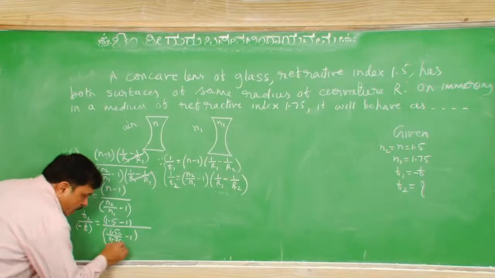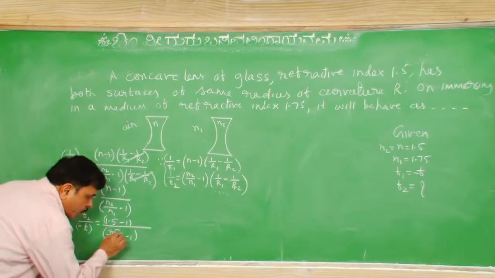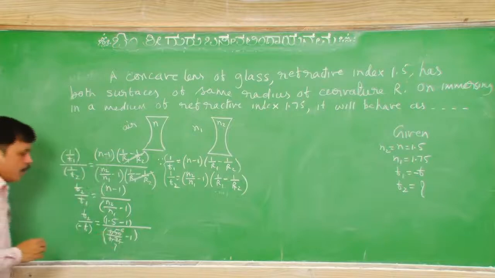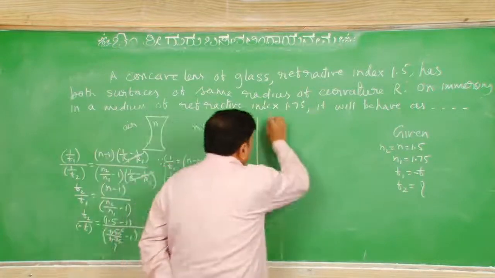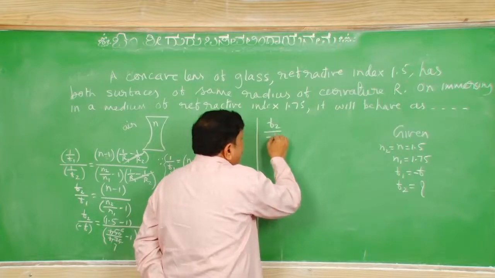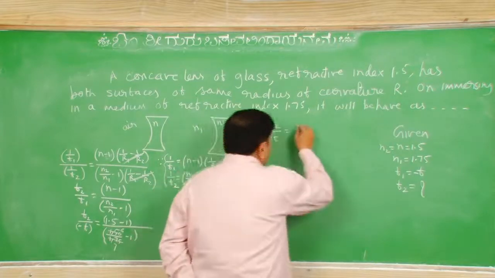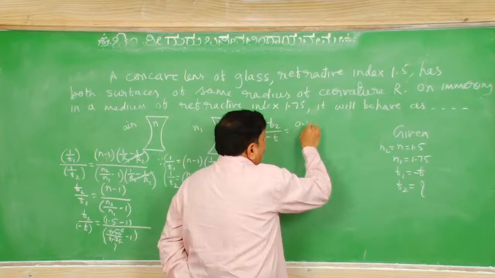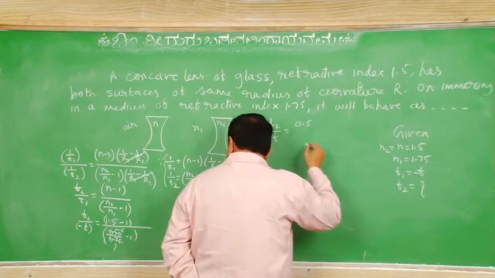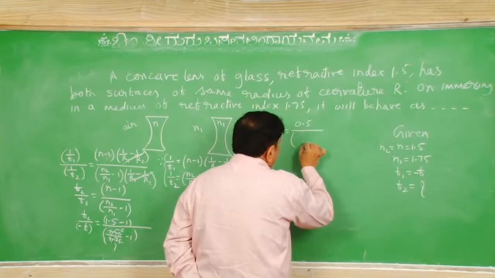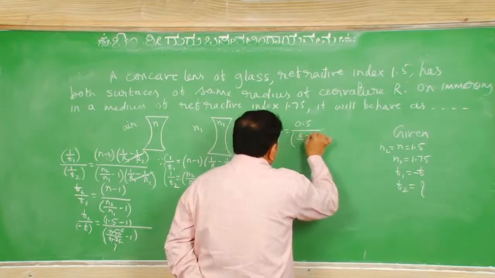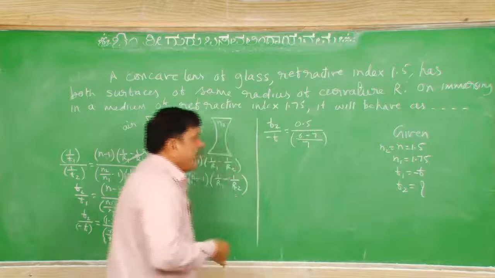Now we can cancel this. So this will become F2 divided by minus F equal to, we can write plus 0.5 divided by, here 7 will be the LCM, and 6 minus 7 will be there.